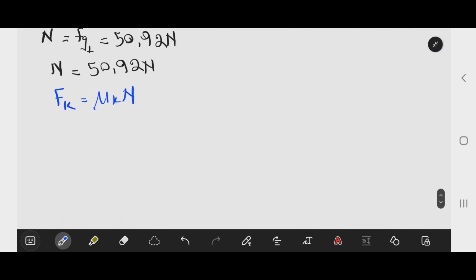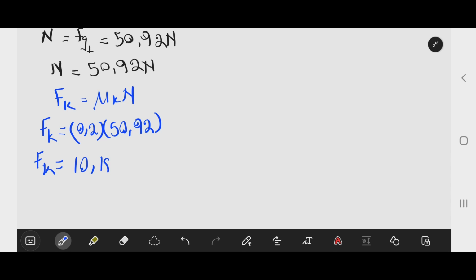So we'd have our kinetic friction being equal to 0.2 multiplied by the normal force, which is 50.92. Then Fk is equal to 0.2 multiplied by 50.92. So that would be 10.184. So that is our kinetic friction for the 6 kg.